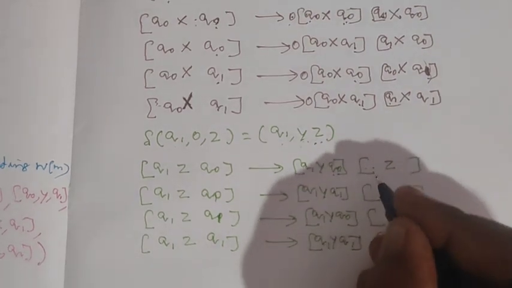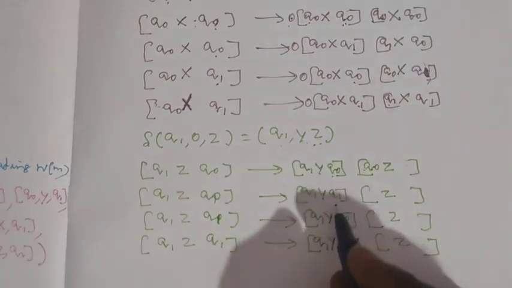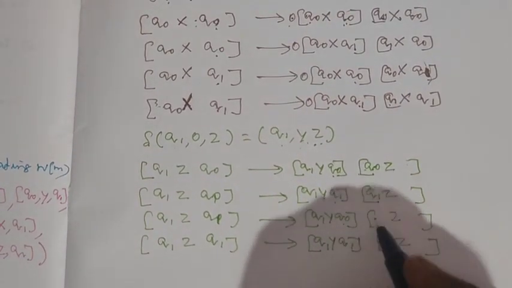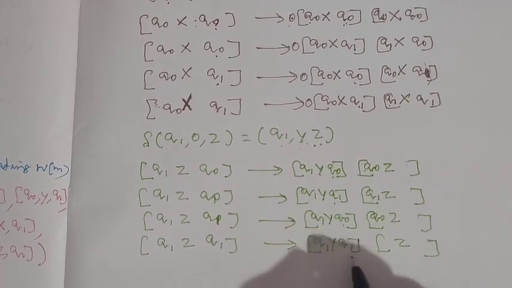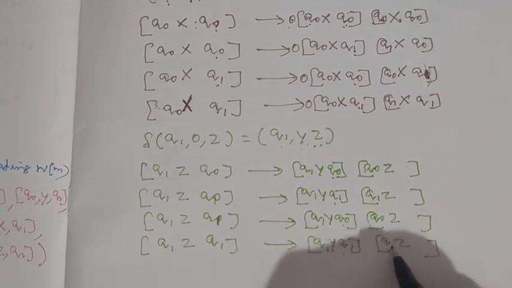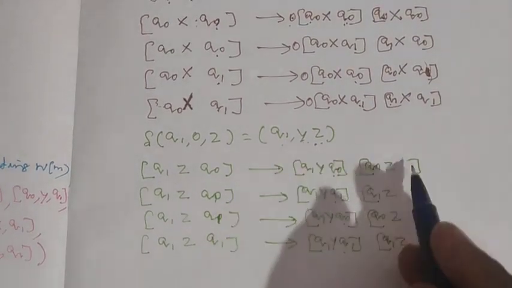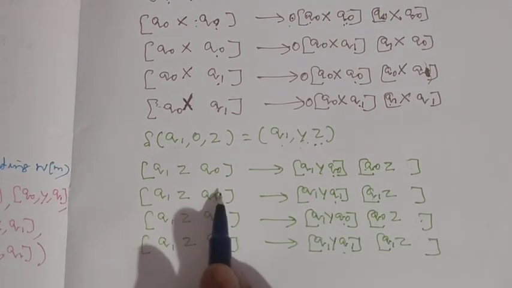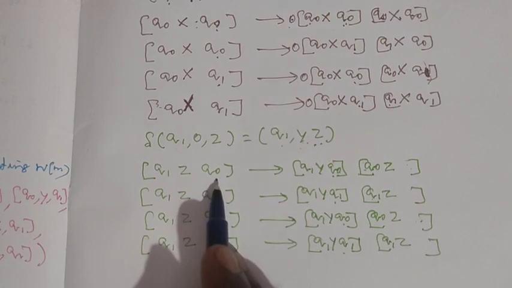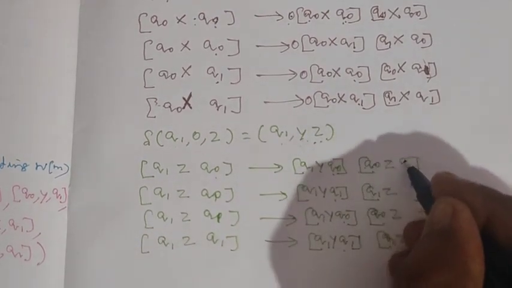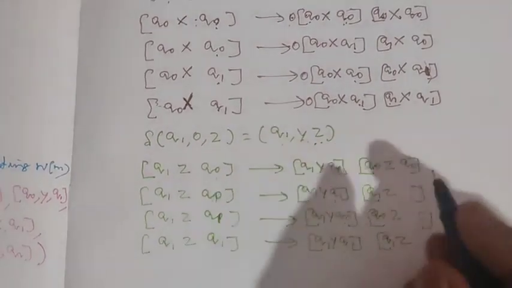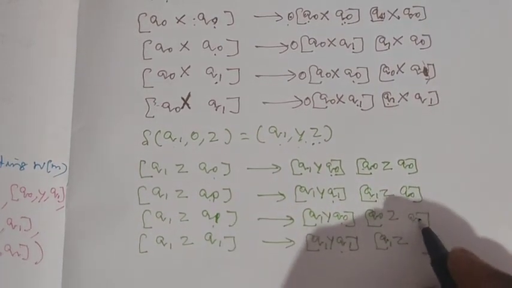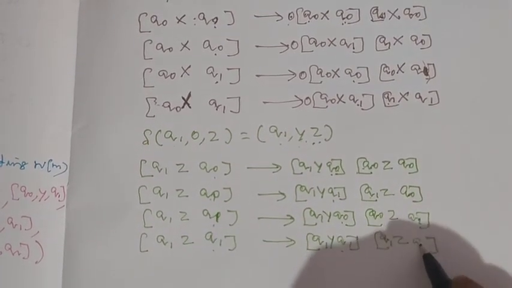So q0 to this place, then q1 to this place, then q0 to this place, and then q1 to this place. Okay. Now what you have to do for the third part? Third part you have to just take from the input. Okay, the third column, third part. Okay, so transpose this q0 here, so q0 again here, this q1 here, then this q1 here.